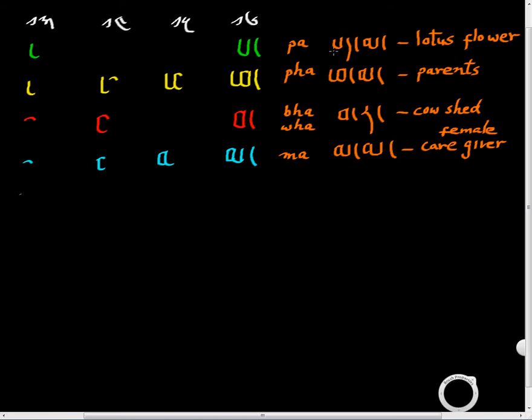Otherwise, this would be pa ta ma. But since there is no punctuation mark or tsakdung between the two, this is read as pa ta be ma, meaning lotus flower.